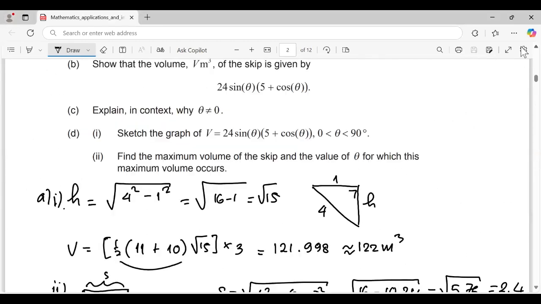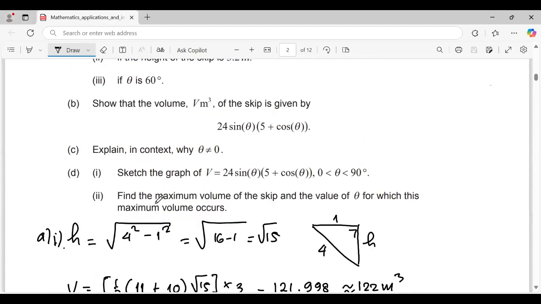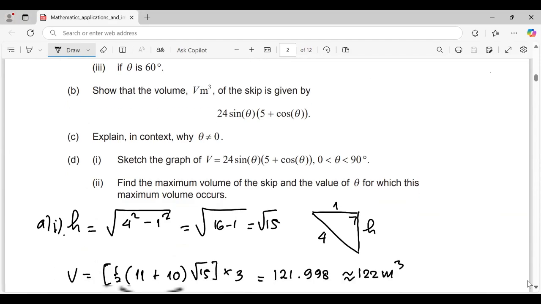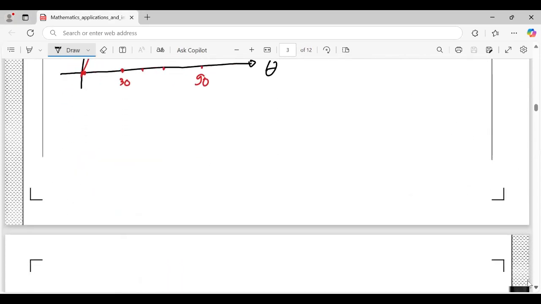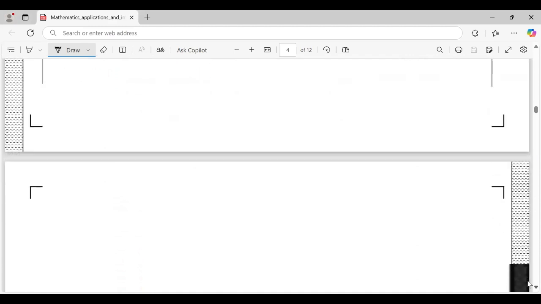Next question. Find the maximum volume of the skip and the value of theta for which this maximum volume occurs. We'll move here. Part 2.